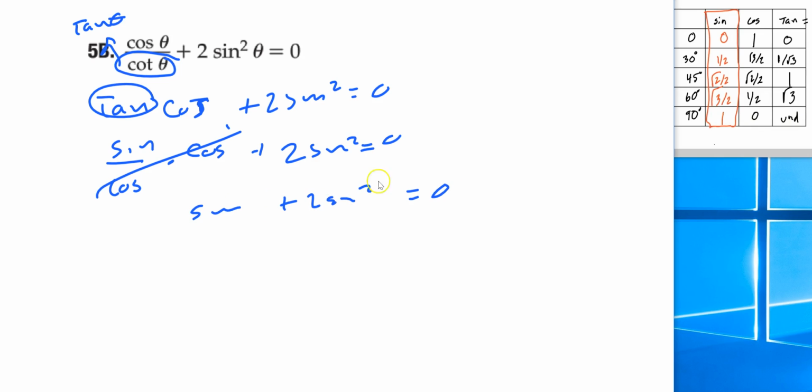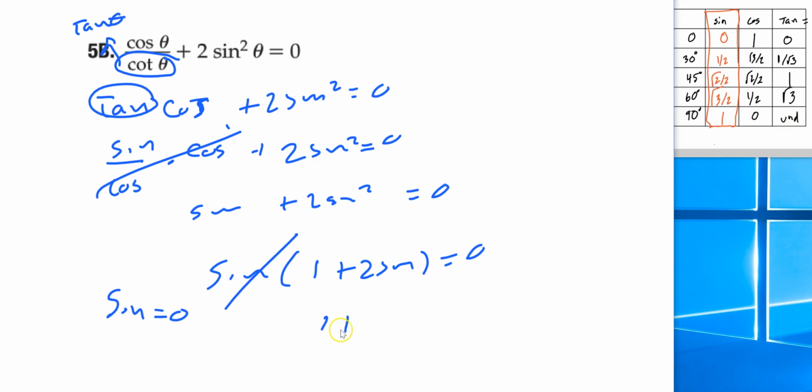And we're going to solve very similar to the last one. Factor what they have in common, they both have a sine. You have sine times 1 plus 2 sine equals 0. We're going to split each one. Sine theta equals 0. 1 plus 2 sine theta equals 0.